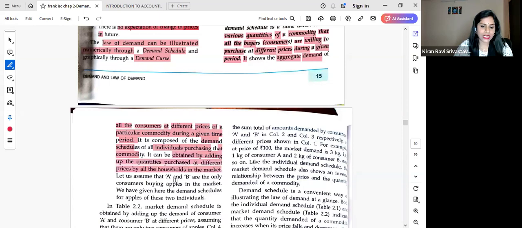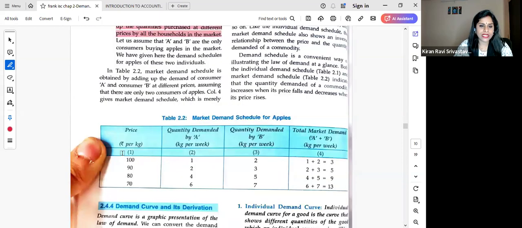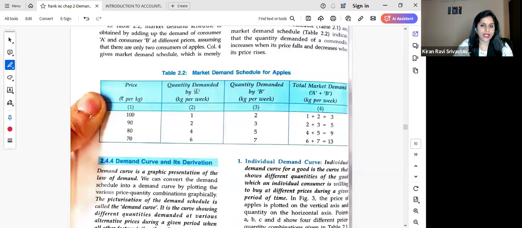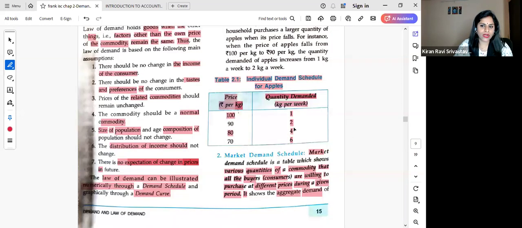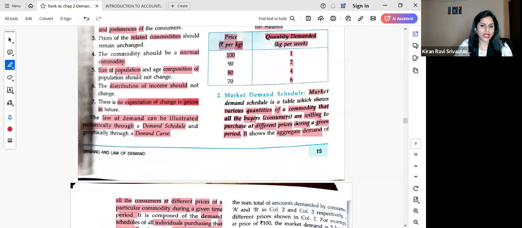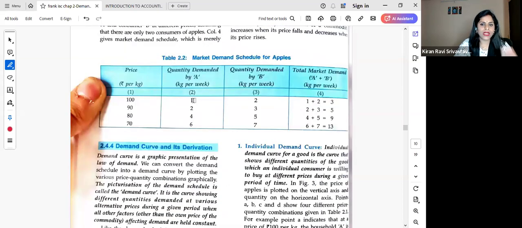Okay, now I'll just give you an example here. Same thing. In the first example, we had only 1, 2, 4, 6 of person A. Let's assume that it is demanded by person A. Now in market demand, we have quantity demanded by A. If I talk only about A, then it is individual demand. If I talk only about B, then it is individual demand.